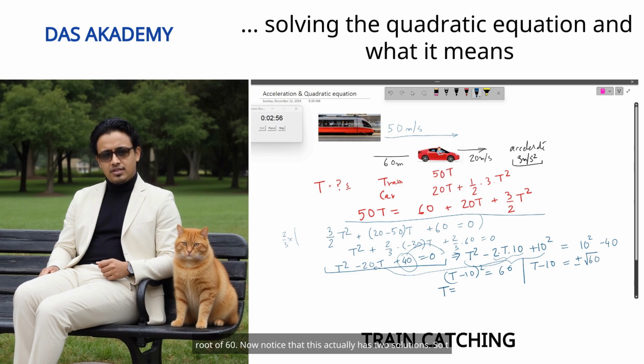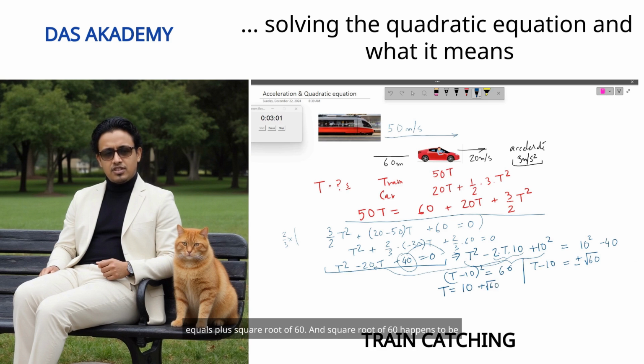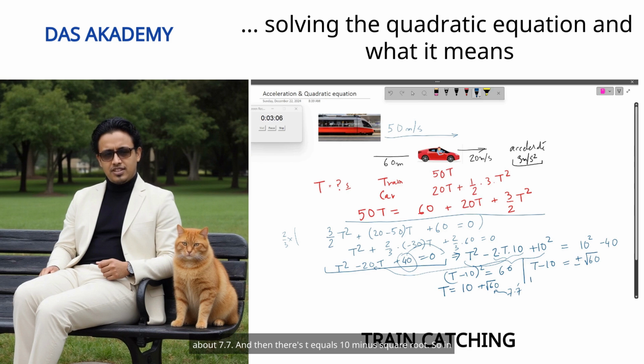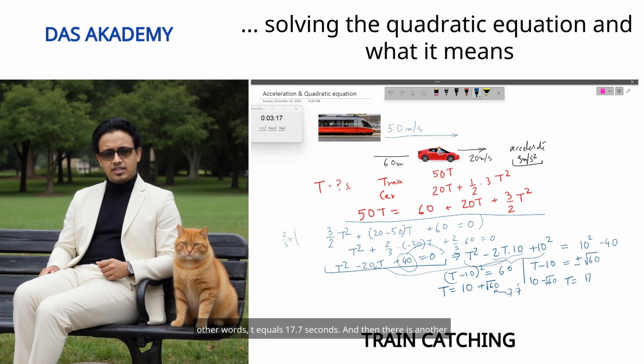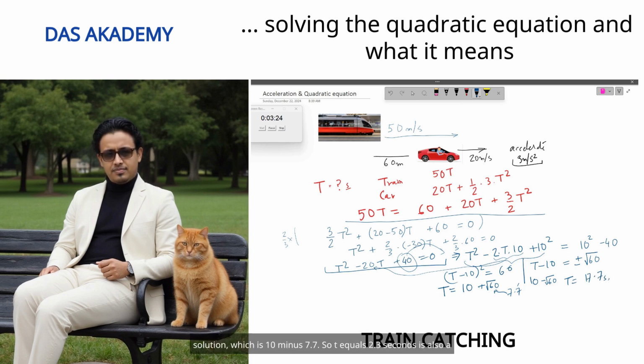Now notice that this actually has two solutions. t equals 10 plus square root of 60, and square root of 60 happens to be about 7.7. And then there's t equals 10 minus square root of 60. So in other words, t equals 17.7 seconds. And then there is another solution, which is 10 minus 7.7. So t equals 2.3 seconds is also a solution.